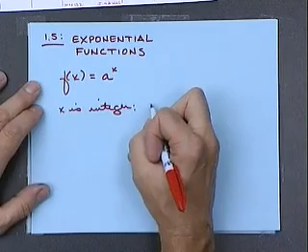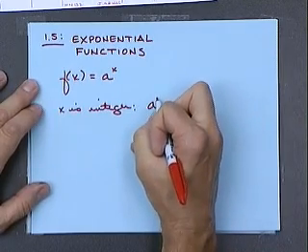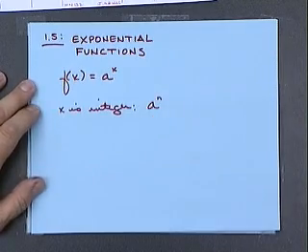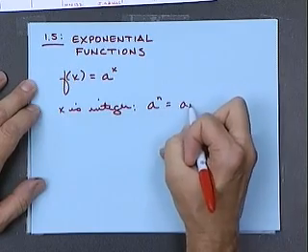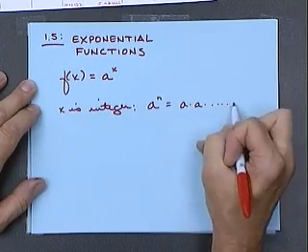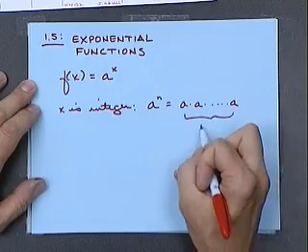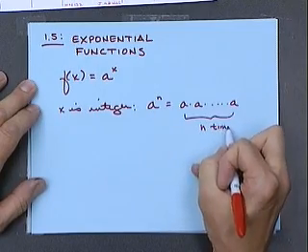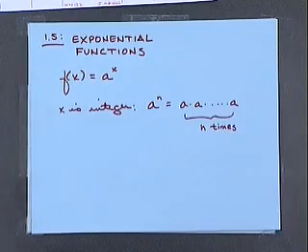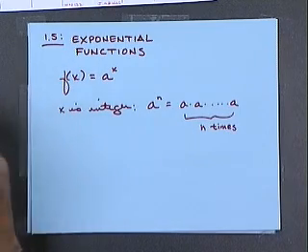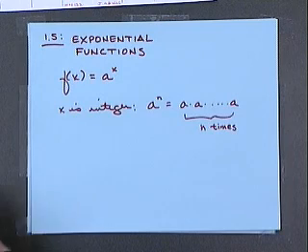We know that a to the n, if n is an integer, means that a is used as a factor n times. We know what that means. A cubed, a times a times a, used as a factor 3 times. So we can get a handle on that.